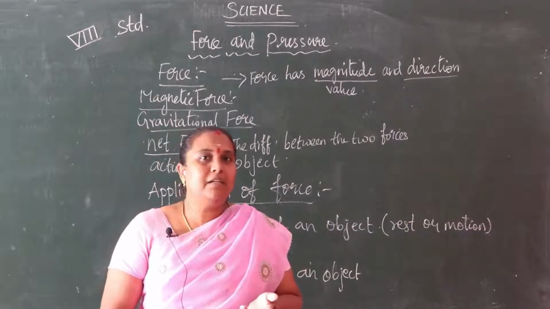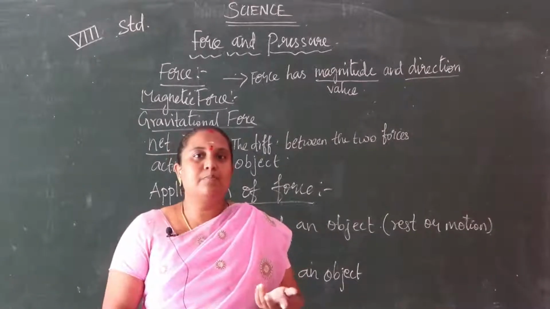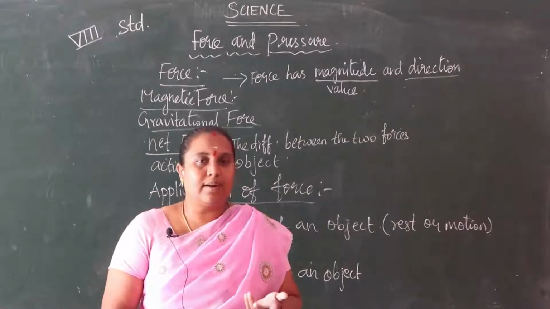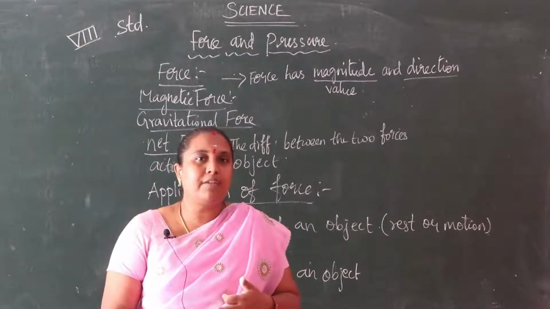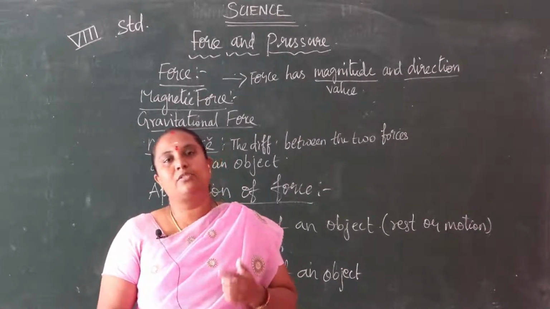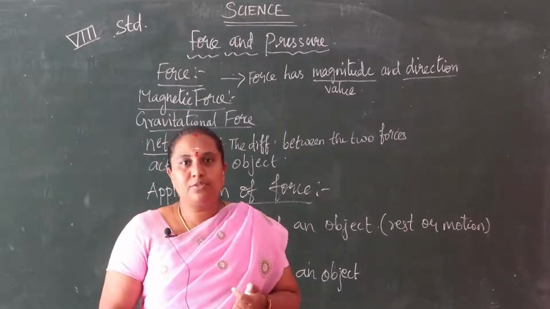For example, distance is scalar. Displacement is a vector quantity, having both magnitude and direction. Force also has magnitude and direction, so we can say force is a vector quantity. Understood, children?